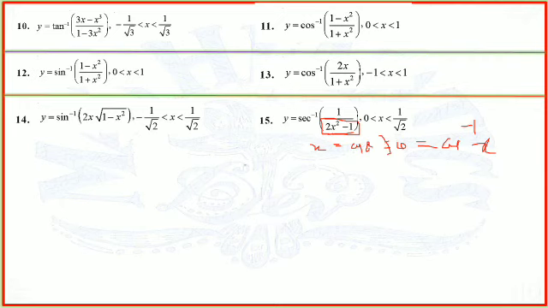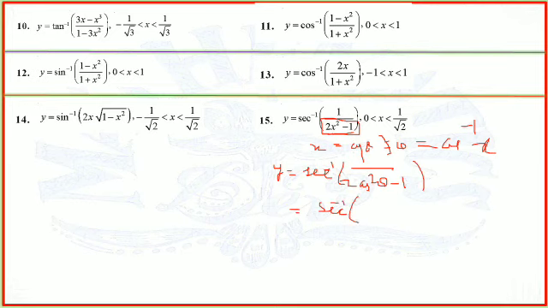So then from above we substitute. This is sec inverse 1 upon 2 cos square theta minus 1, which is equal to sec inverse 1 upon cos 2 theta.